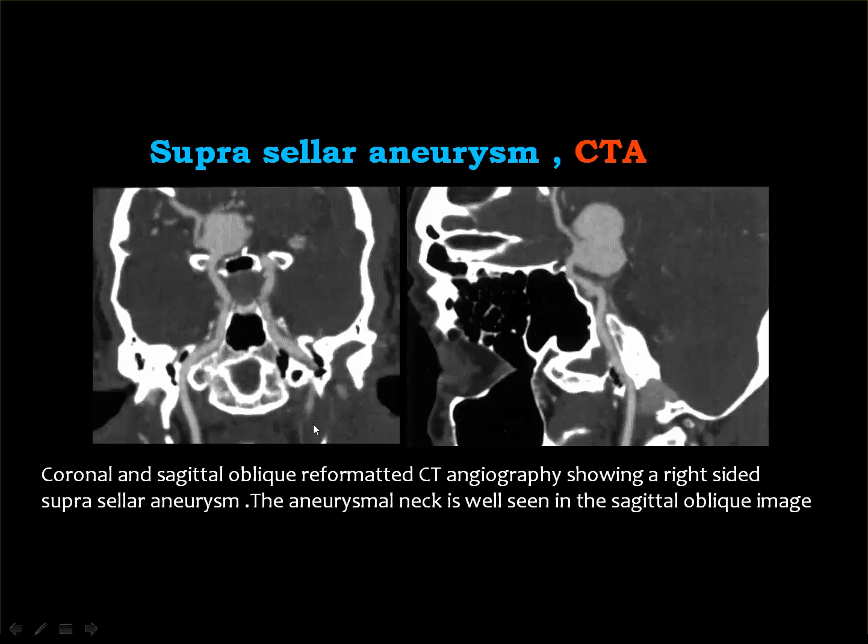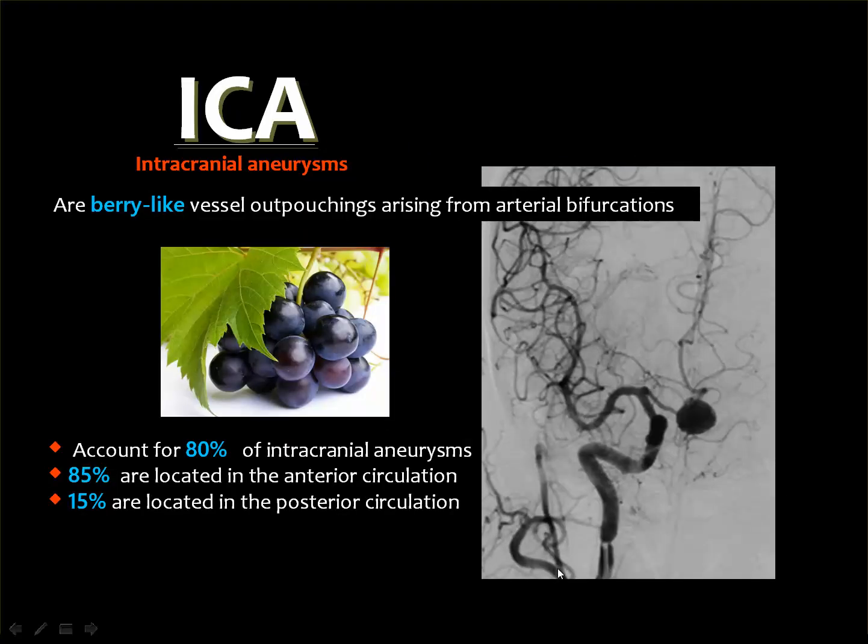Then you may use multi-detector CT and reconstruct the images so that you are able to see the neck of the aneurysm and the exact site of origin. And also you can see the inside of the aneurysm if there is a clot or not.